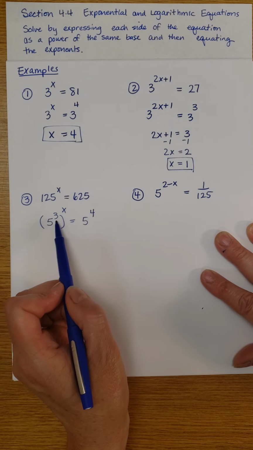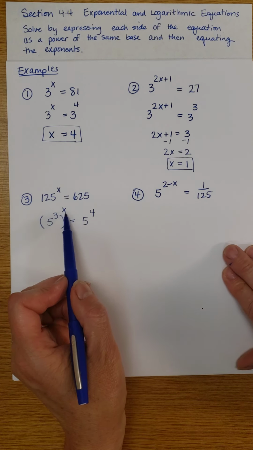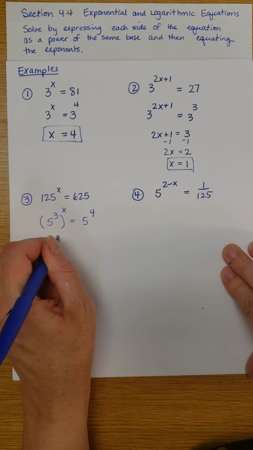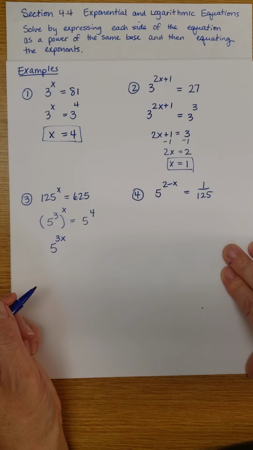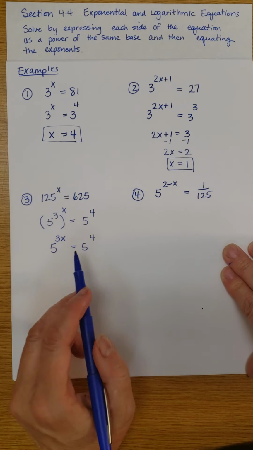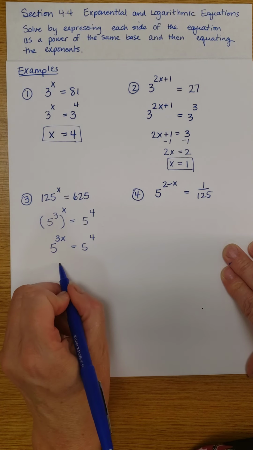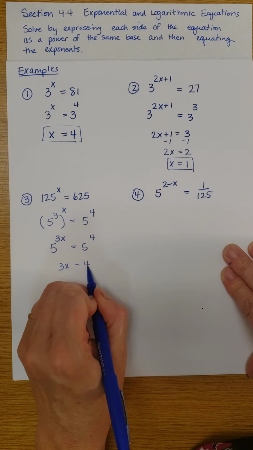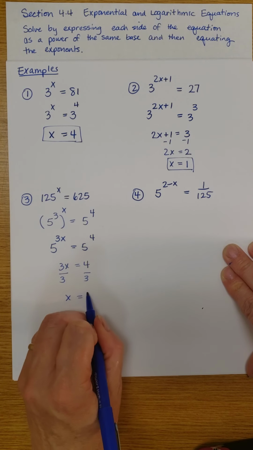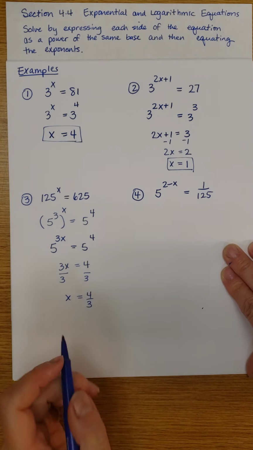We have an exponent raised to another exponent, and so we need to multiply the exponents. And this gives us 5 to the power of 3x is equal to 5 to the fourth. The bases are the same, so I conclude that 3x is equal to 4. And dividing both sides by 3, I have x equals 4/3.